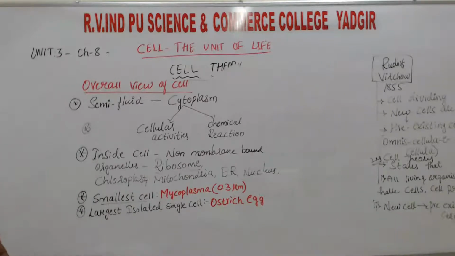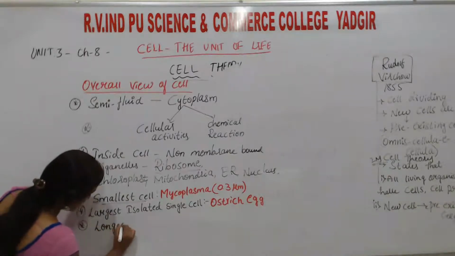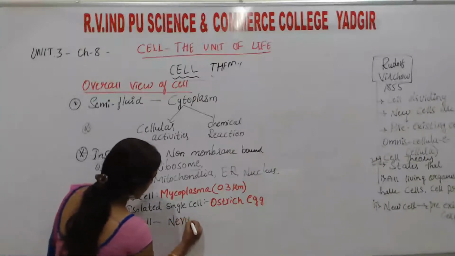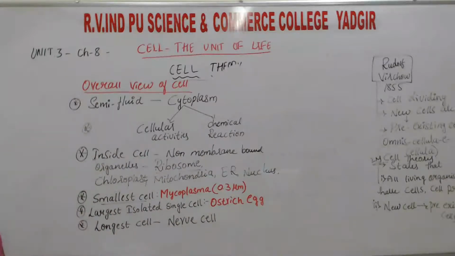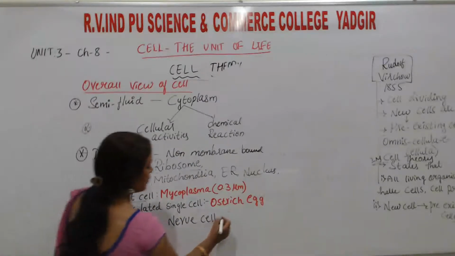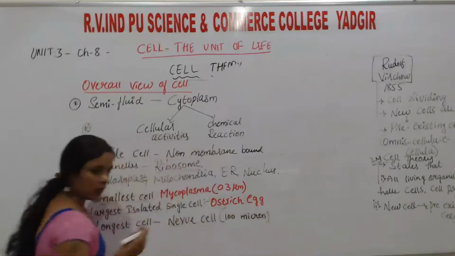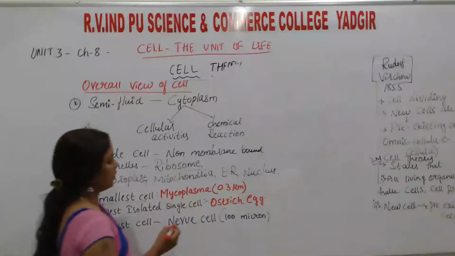And the longest cell is our nerve cell, the neuron, which is shown as 100 micron long. Next, the size of bacteria is 3 to 5 micron.